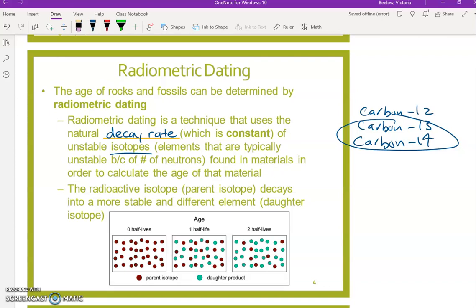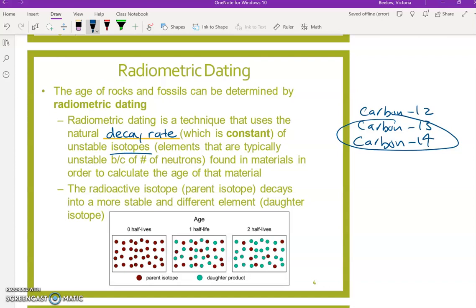These are what we call isotopes, and because they're unstable, they will decay, they will release radiation. And when they decay, when they lose neutrons and protons, they're going to become different elements.